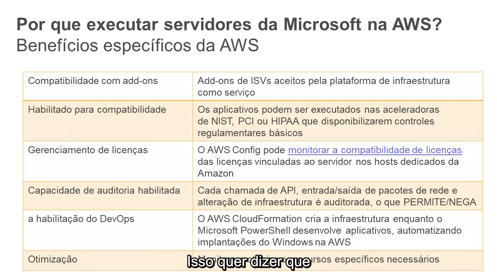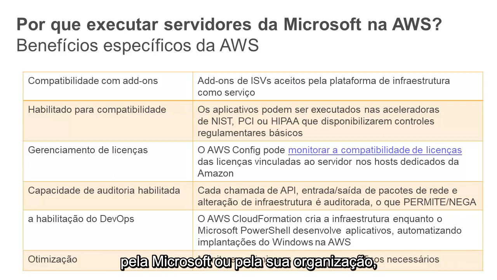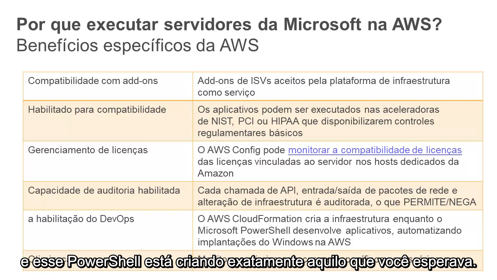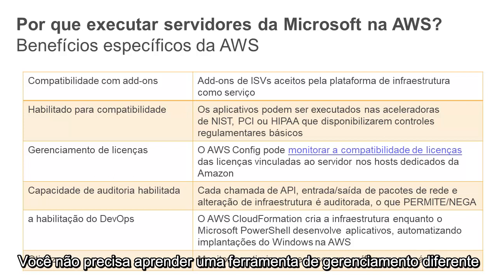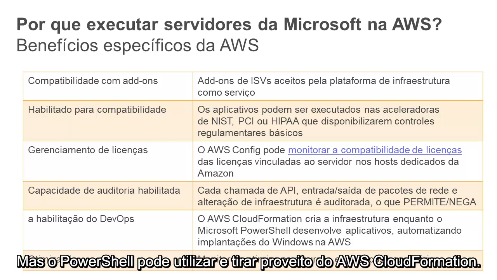So what this means is that you can feel good that the PowerShell is approved PowerShell from Microsoft or from your organization, and that PowerShell is building exactly what you expect, and you don't have to learn a different management tool to stand up the Microsoft servers. But PowerShell can leverage and take advantage of AWS CloudFormation.